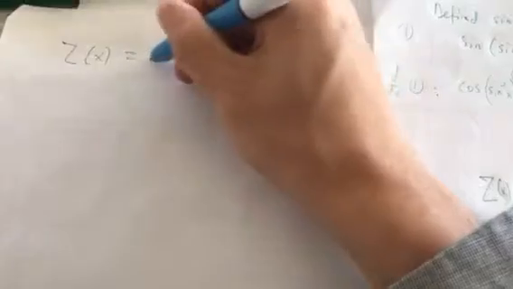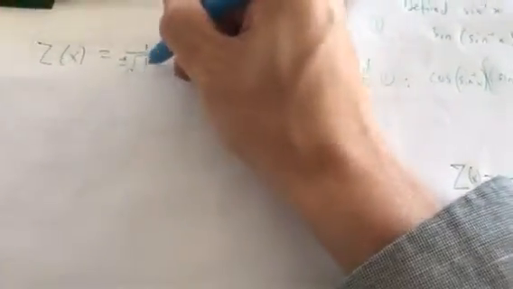So that makes our final z of x equal to 1 over plus or minus the square root of 1 minus x squared. Yeah? Okay, and we might actually be able to figure out what the plus or minus is as well, if we wanted to.